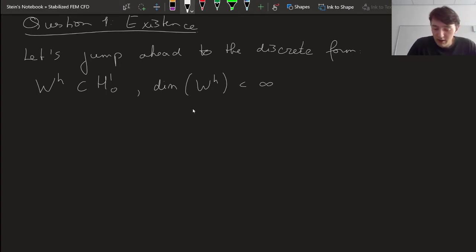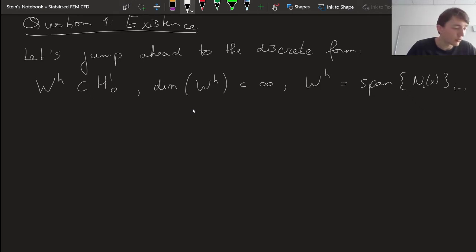In fact, we're going to construct this space W_h as the span of a set of basis functions N_i(x), from i equal to 1 to i equal to big N. That's the number of degrees of freedom, essentially. That's precisely what we do for a finite element method.